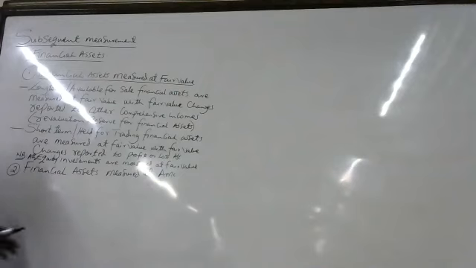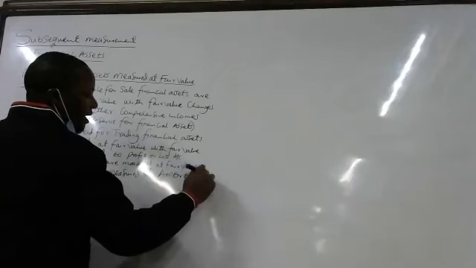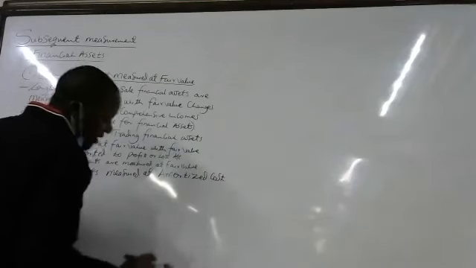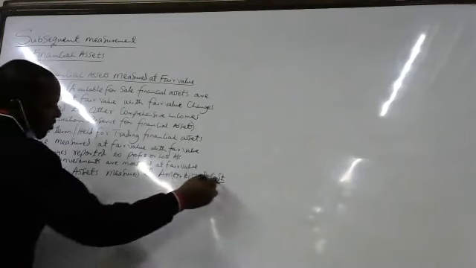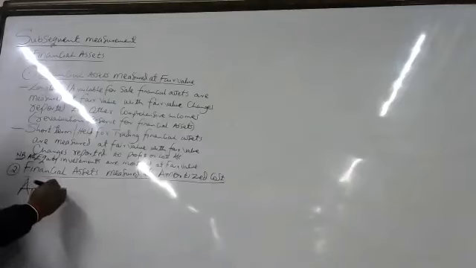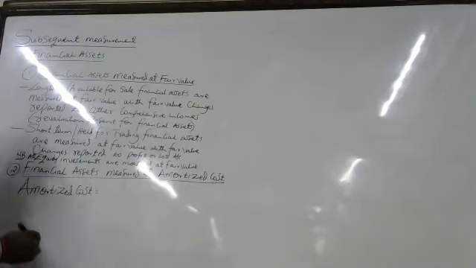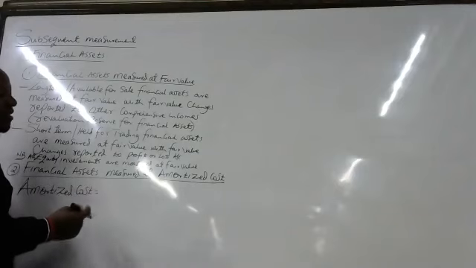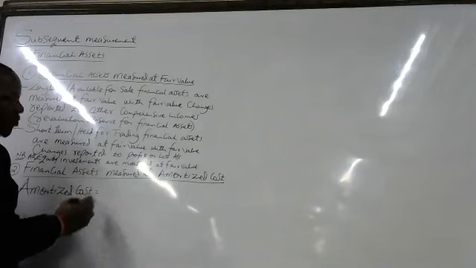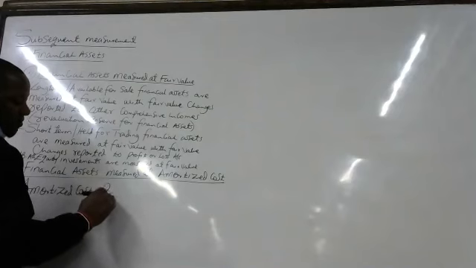Then we have financial assets measured at amortized cost. That's the second category. And what do we mean by amortized cost? The amortized cost of a financial asset is equal to the principal.